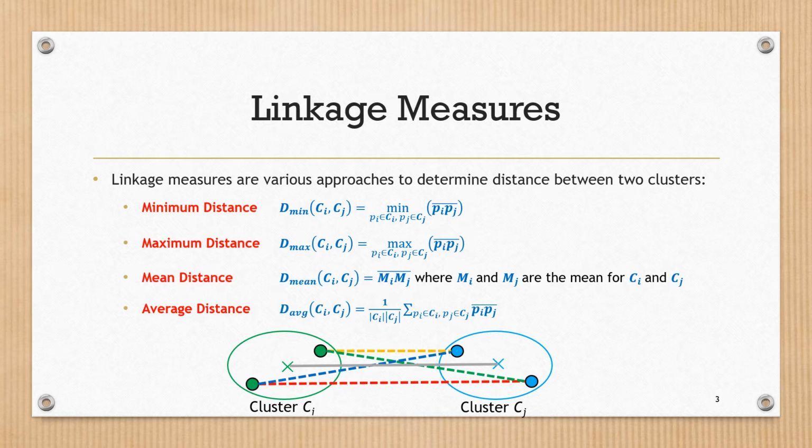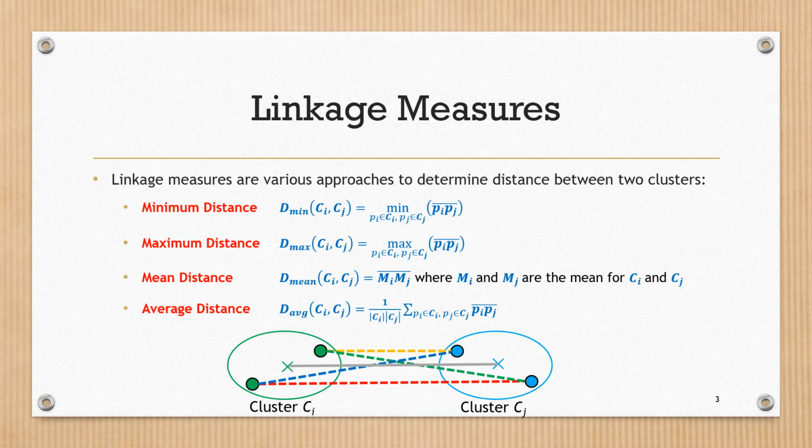The minimum distance between the two clusters Ci and Cj is defined as the shortest distance among all pairs of Pi and Pj, which is the orange dashed line. The maximum distance between the two clusters Ci and Cj is defined as the longest distance among all pairs of Pi and Pj, which is the red dashed line.